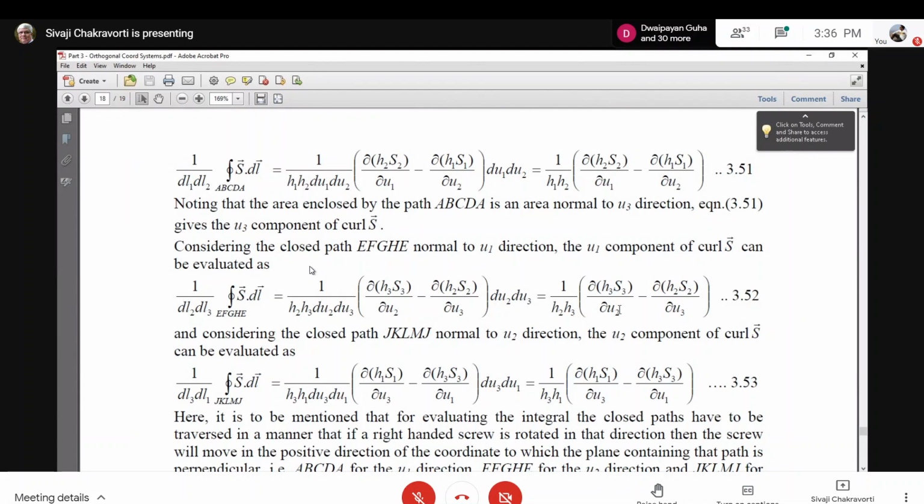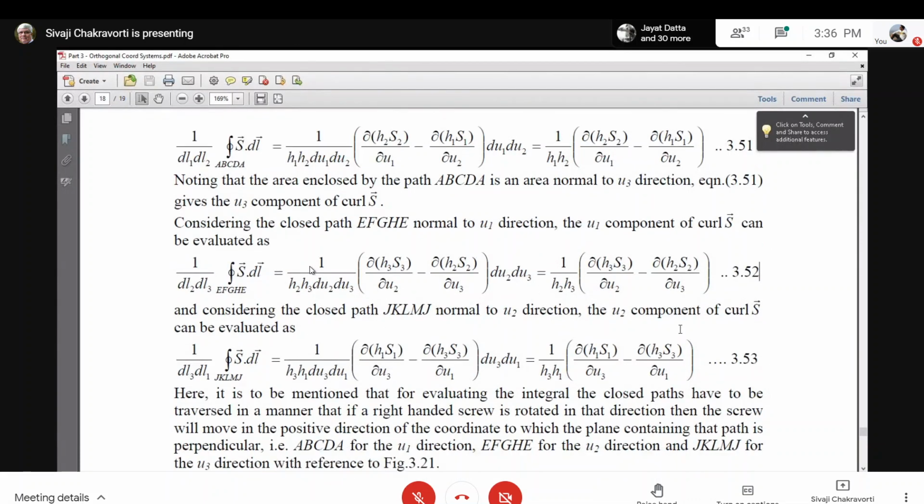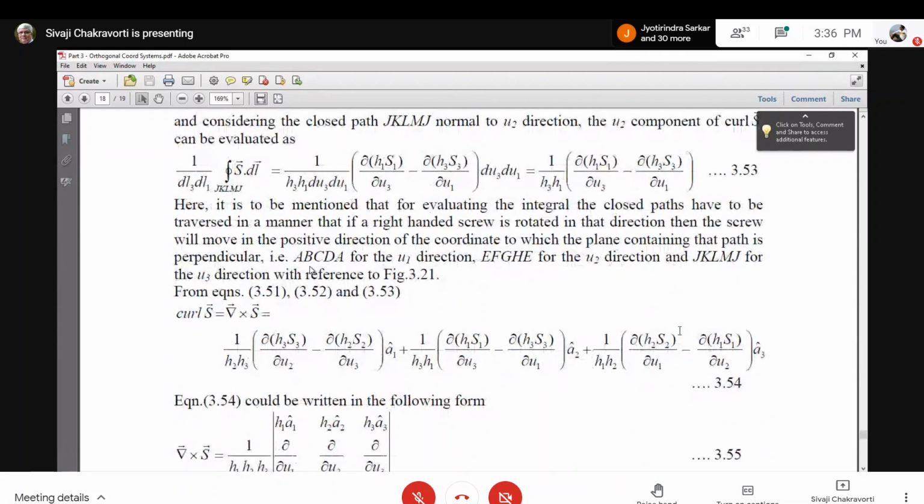Here you see equation 3.52 was the order 2 and 3. Here you see 3 and 1: first order derivative of 3 minus the first order derivative of 1. Then equation 3.51 is in the 1-2 direction, so it is first order derivative of 1 minus first order derivative of 2. So you can clearly see the beautiful cyclic order, the way it is formed. So it's not at all difficult to remember.